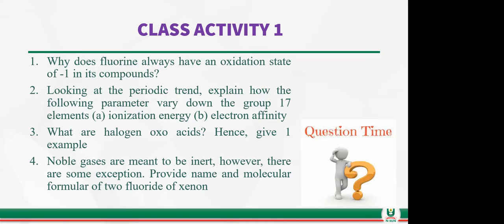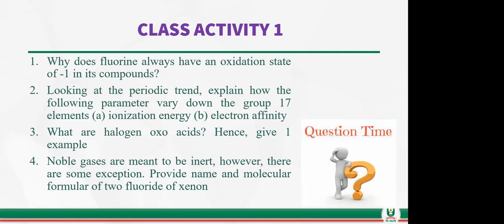Explain how the following parameters vary down the group 17 elements: ionization energy, and then electron affinity. Ionization energy, of course, when you are talking about group 17, as you are coming down, what is expected of the first ionization energy, which is the energy required to take away the first electron loosely bound to the valence shell, is that as you go downward, ionization energy is expected to be reducing.